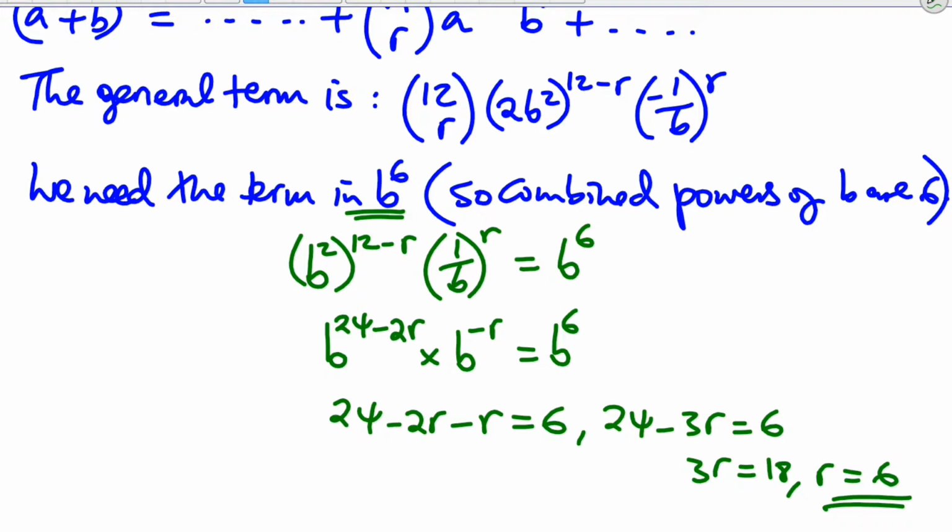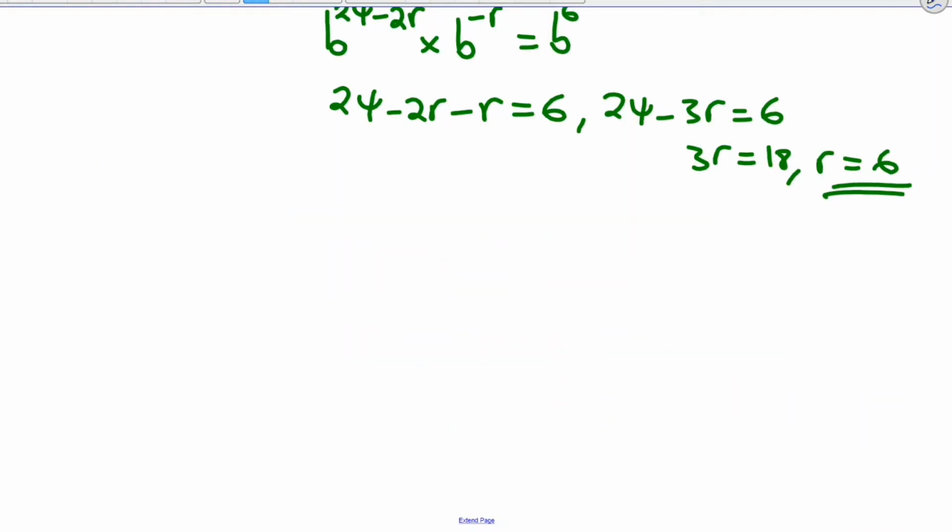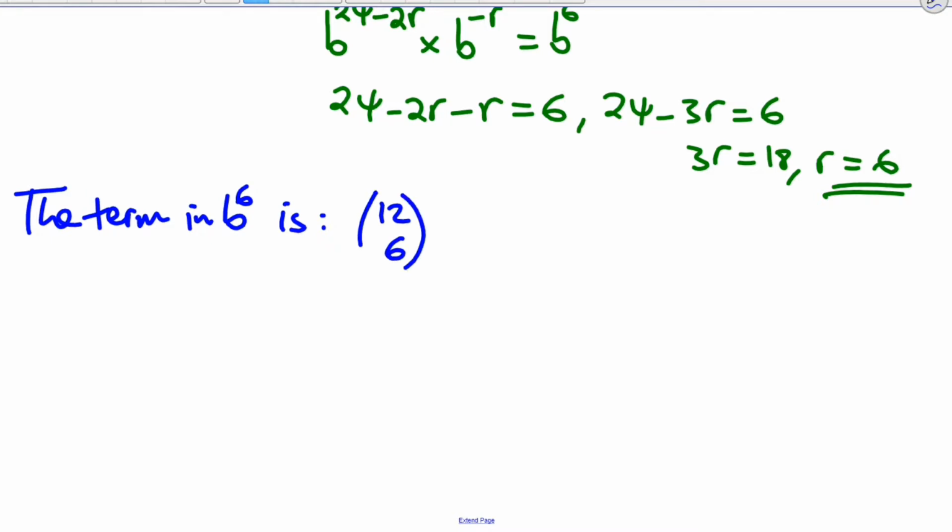So the term in b to power 6 will be 12 choose 6, 2b squared to the power 12 minus 6, multiplied by negative 1 over b to the power of 6.